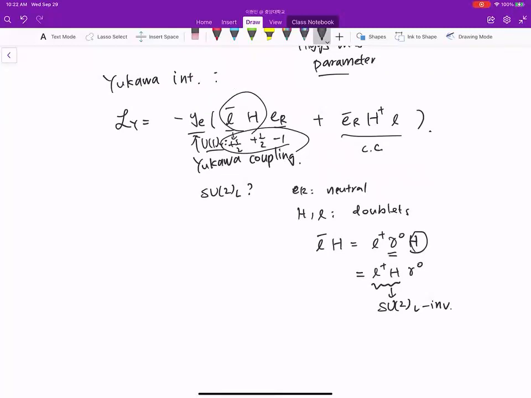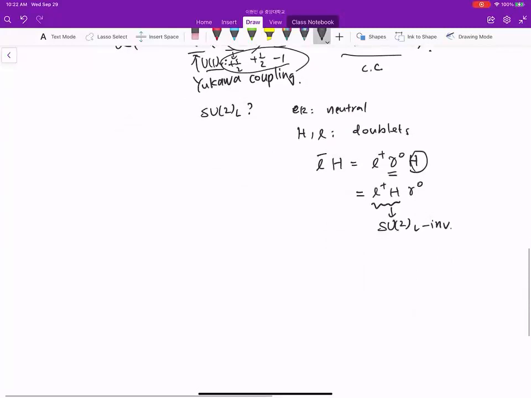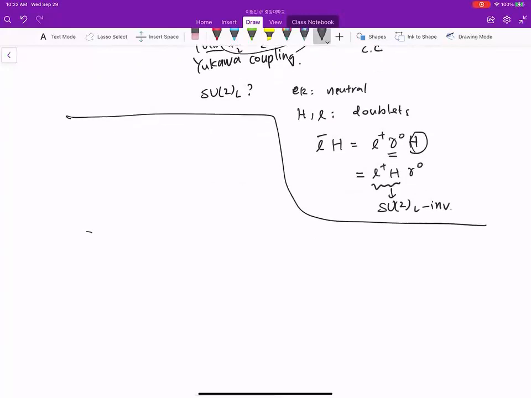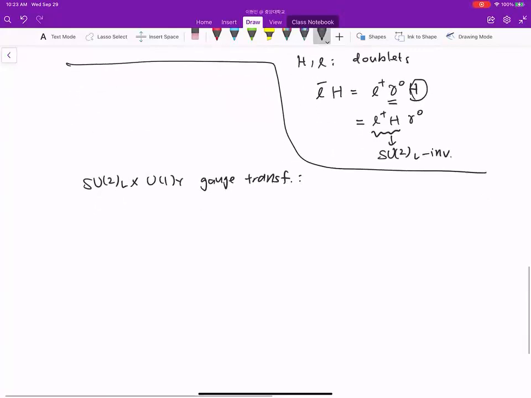So this is very simple. And then the full gauge transformation is also, let me write down here more explicitly, because we are going to choose a certain gauge condition for the later discussion.